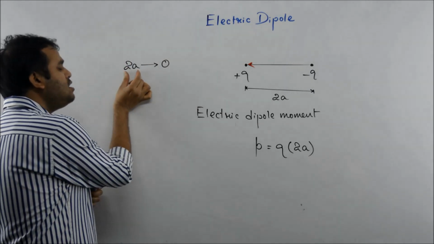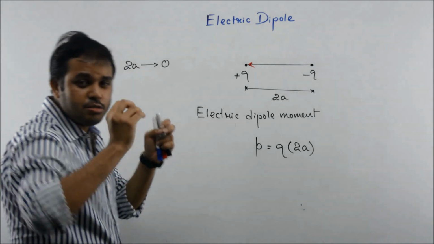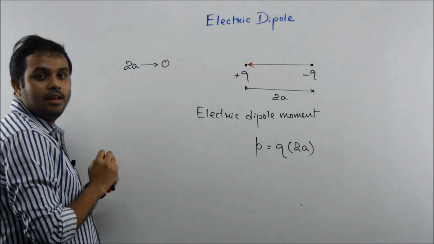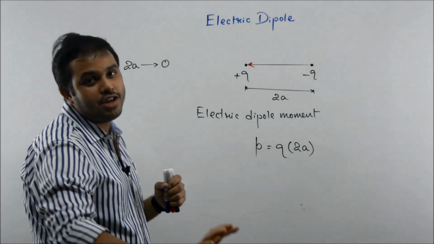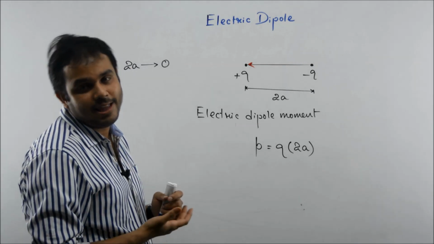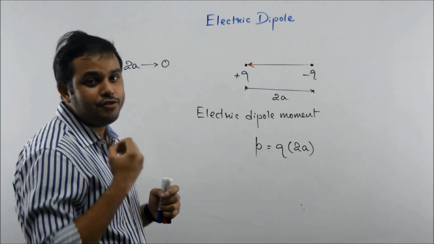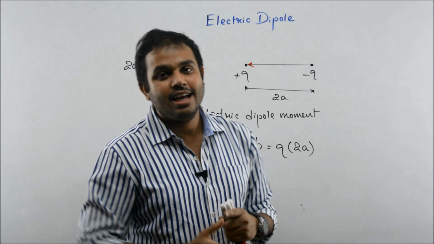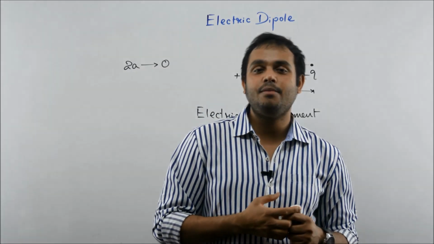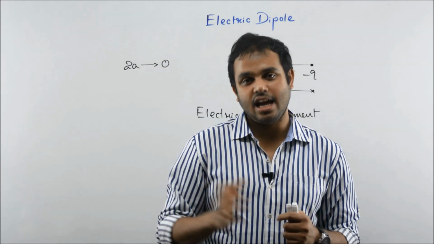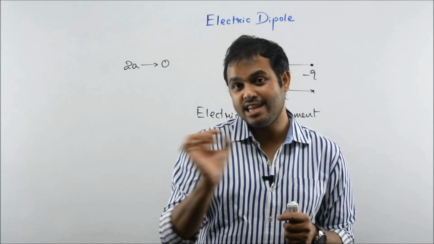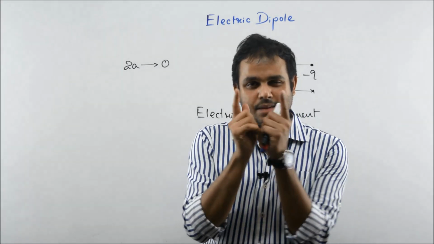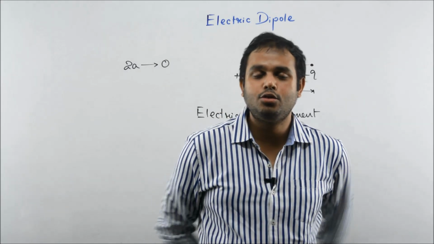If the separation between the two charges is very small, it tends to 0, but the magnitude of charge is comparatively large, then that dipole is called an ideal dipole or a point dipole, because of its small size, or you can say the separation is very small between the two charges.